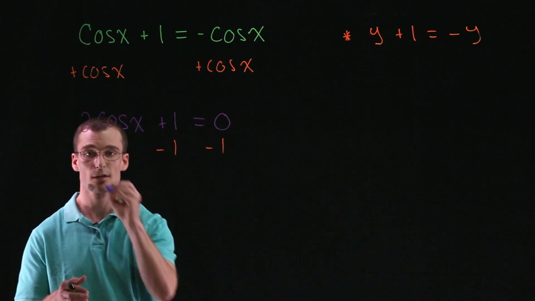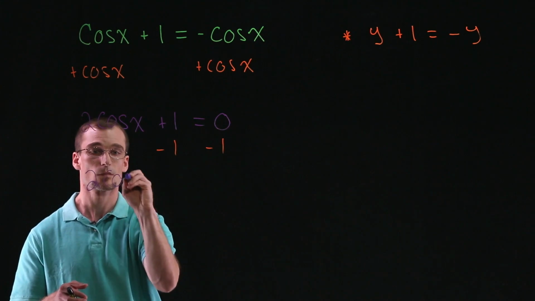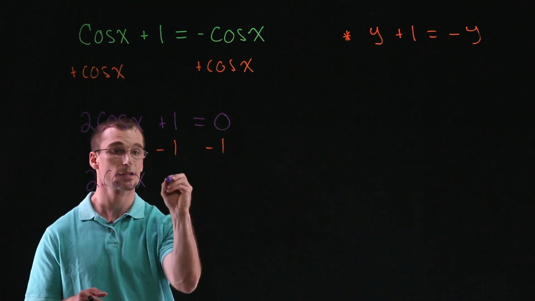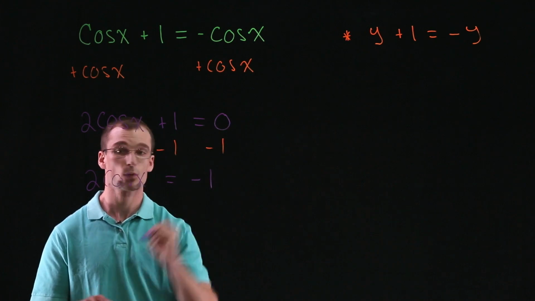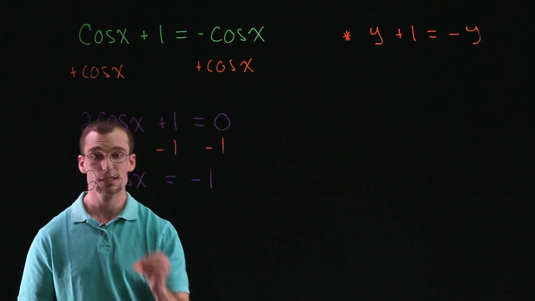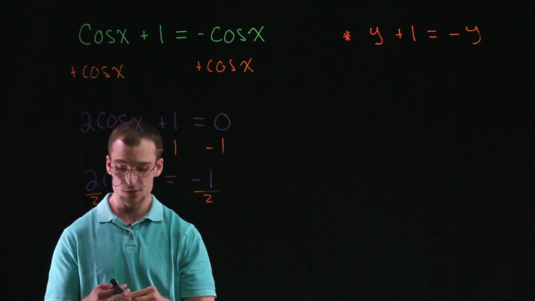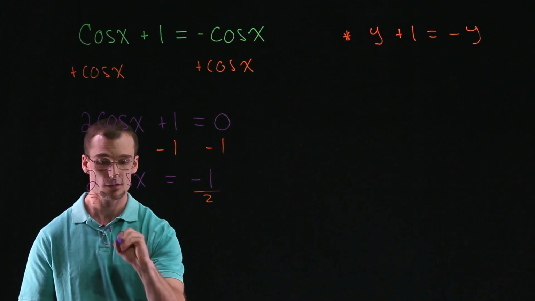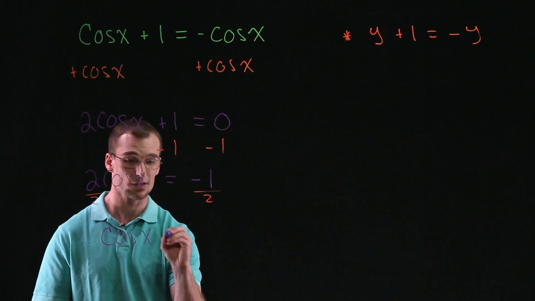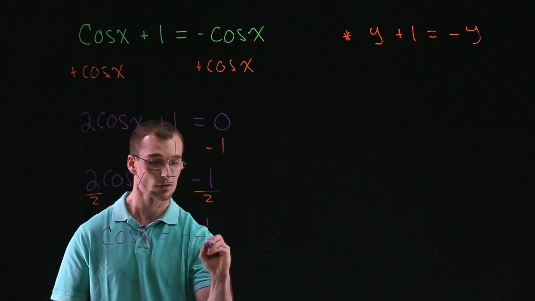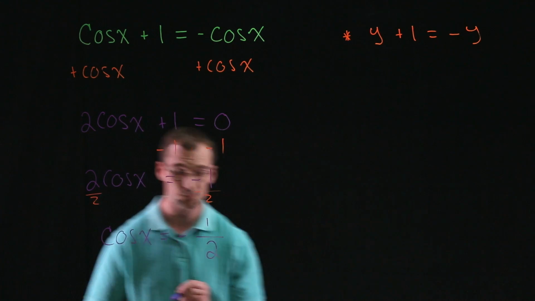So subtracting 1, giving us 2 cosine x equals negative 1. And then lastly, to get cosine by itself, we'll divide through by 2, leaving us with cosine x is equal to, say, negative 1/2.